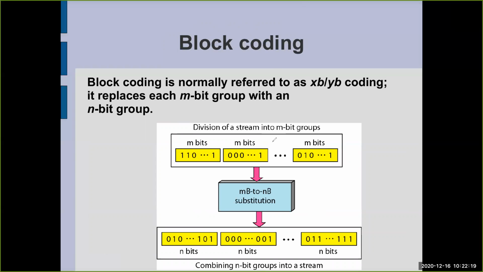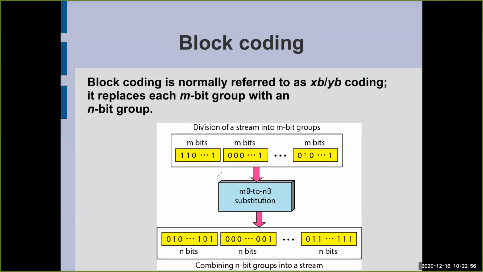Here you have a different method, commonly used in current interfaces like serial ATA, NVMe, HDMI, and so on. Most modern interfaces use this method I'd like to mention now. This method is called block coding. It is usually defined as XB over YB coding.